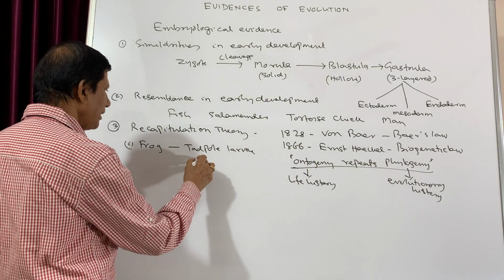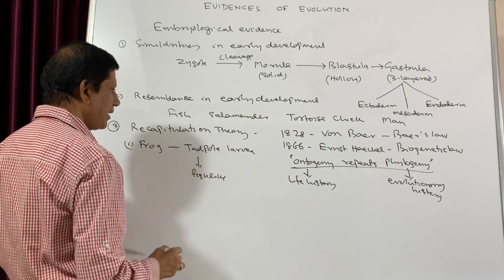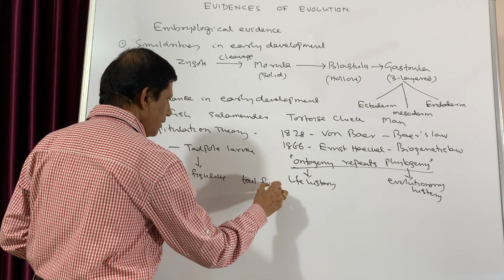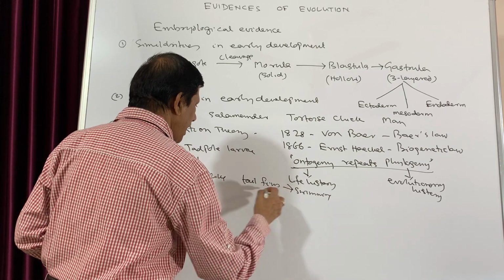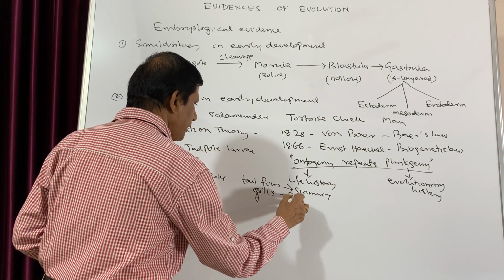The tadpole larva is fish-like, and it has tail fins for swimming and gills for breathing.